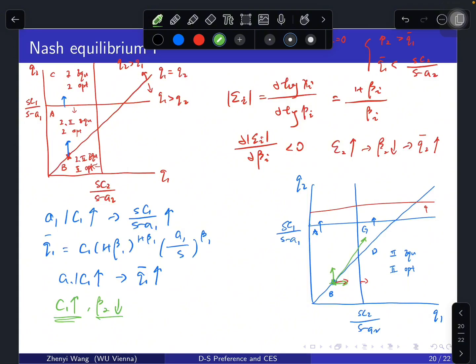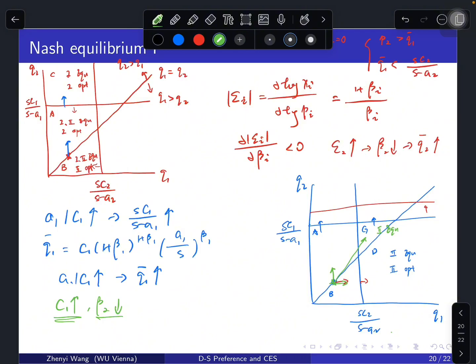And let's take a look at the region G. In the region G, Q2 is smaller than this threshold level. So X2 satisfies the equilibrium condition, and Q1 is greater than this threshold level.